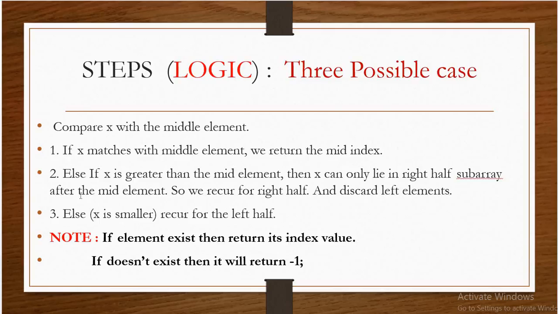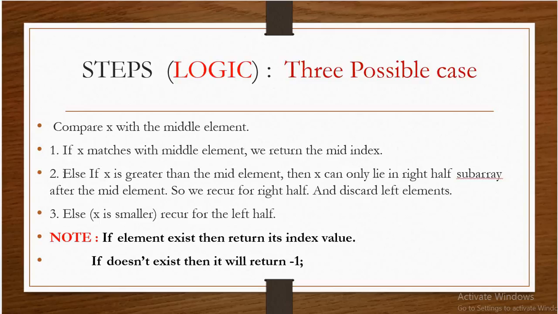Now here, what three steps do we need to follow? First, the user will send one input value, and then we match this input value with our middle element. If both match, the middle element and the user input, then we will return the index, and it is very fast.